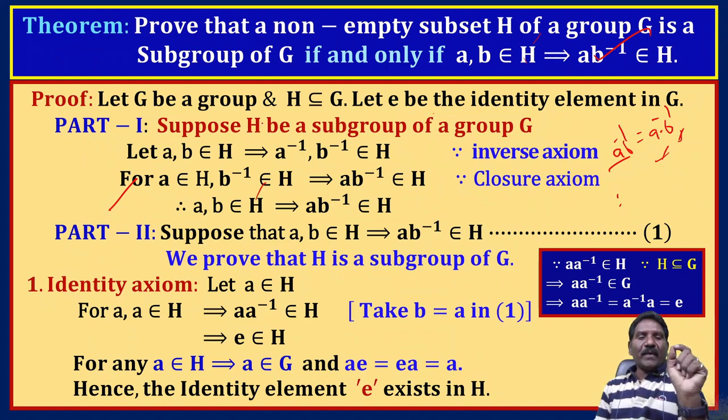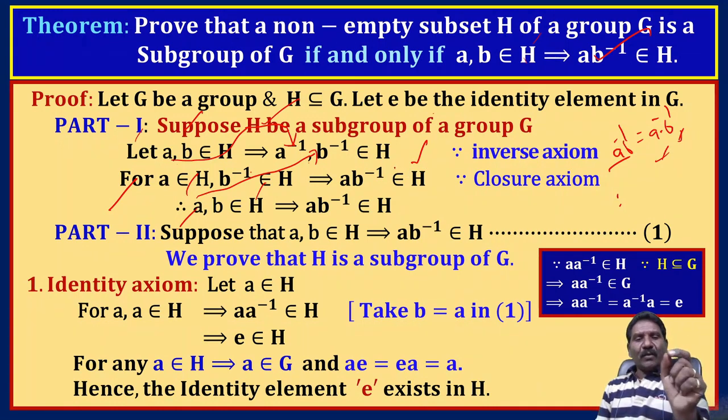Since H is a subgroup of G, by definition, H is itself a group with respect to the same operation of G. Since G is a group with respect to multiplication, H is also a group with respect to multiplication. Let A, B belongs to H. Since H is a group satisfying all conditions: closure, associative, identity and inverse, by inverse property, B belongs to H gives B inverse belongs to H. Therefore, A belongs to H and B inverse belongs to H gives AB inverse belongs to H. This is closure property.